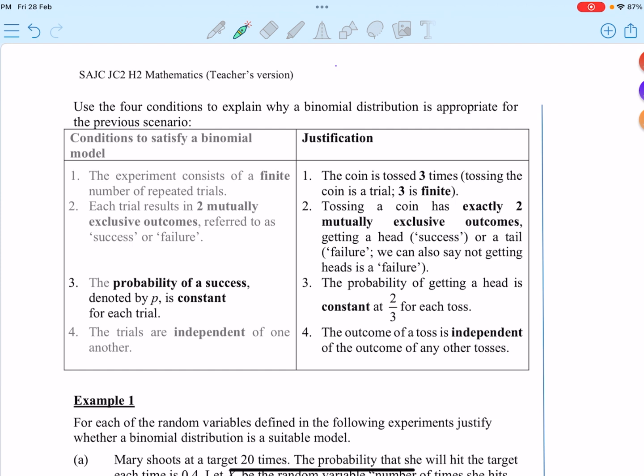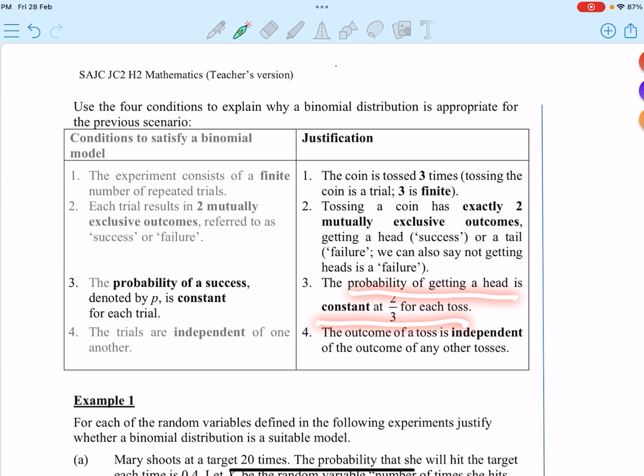The next condition is the probability of a success is constant for each trial. What does this mean? This means the probability of getting a hit is constant for each toss. Because in the previous question, the coin is biased, and the probability of obtaining a head is 2/3. When you toss the coin once, the probability of getting a head is 2/3.